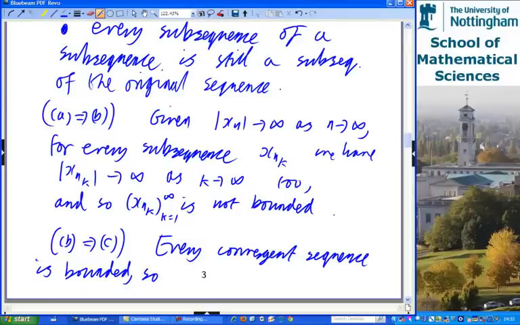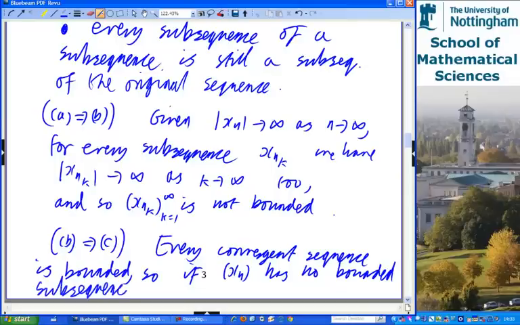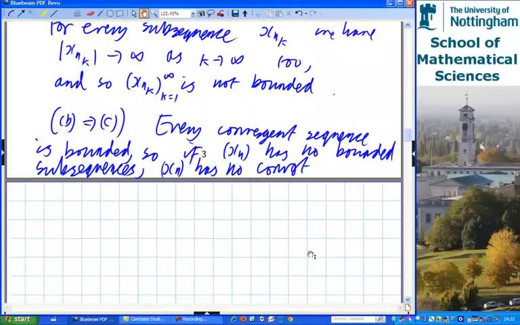Because if you did have a convergent subsequence, it would be bounded. We've got no bounded subsequences, and xn has no convergent subsequences either.